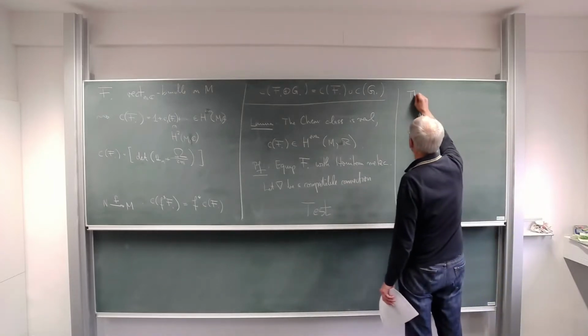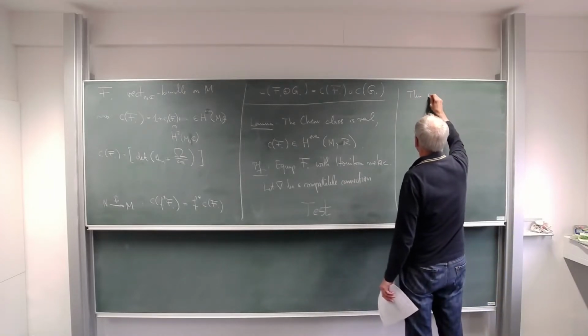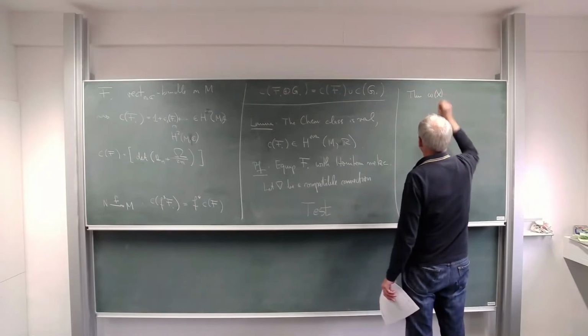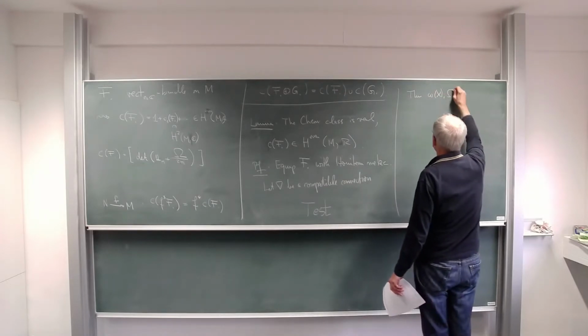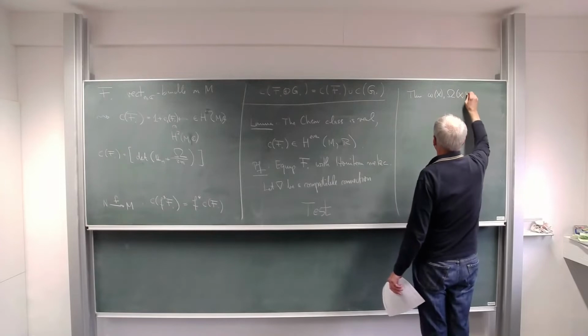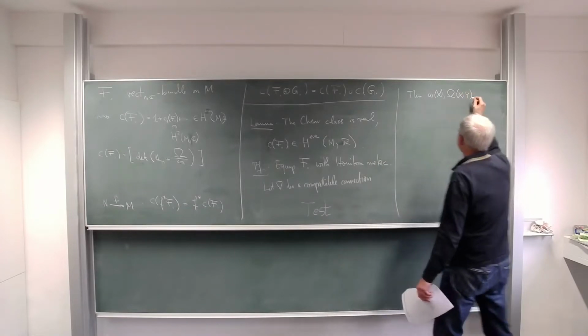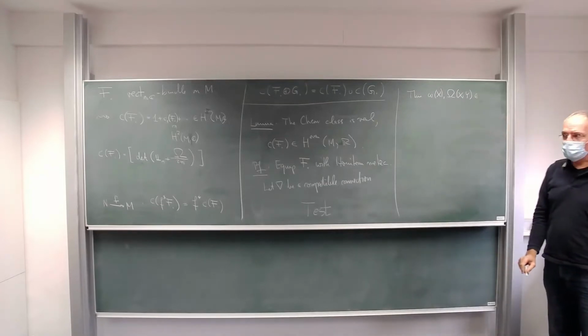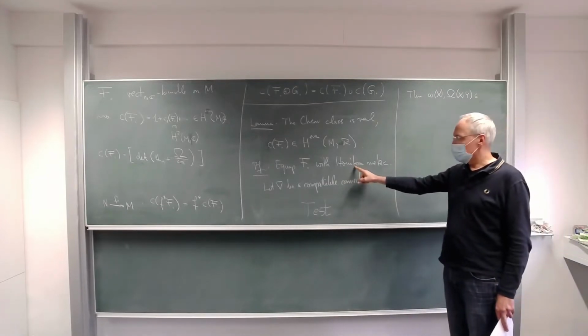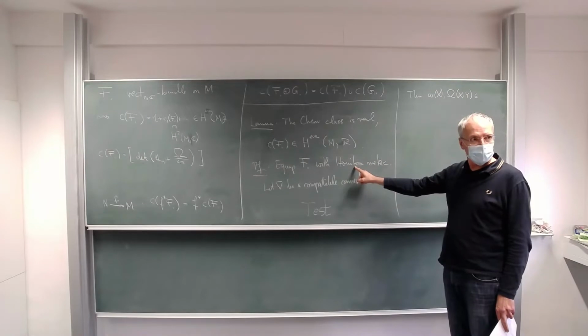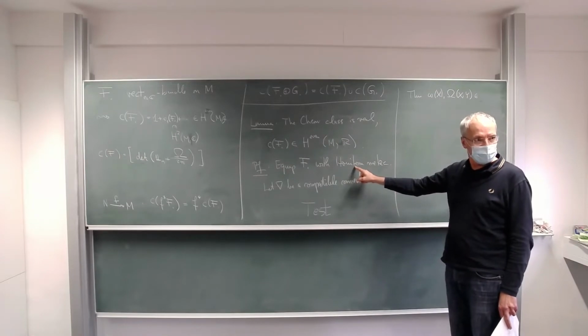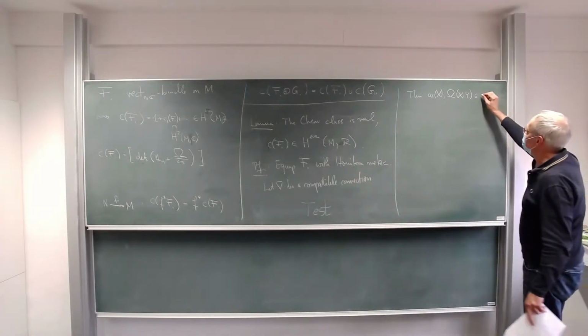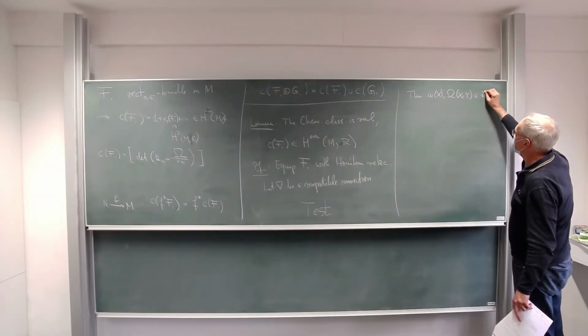So the connection form applied to some tangent vector X, as well as the curvature form applied to two vectors, take values in the Lie algebra of the structure group. But if it's a Hermitian vector bundle, then the structure group is the unitary group U(n). So they take values in the Lie algebra u(n).